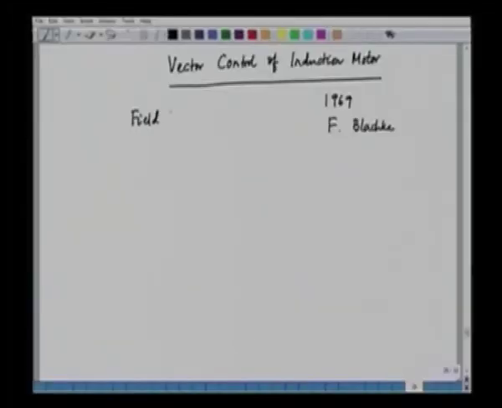So this is known by various names. One is vector control. This is also called field oriented control. It is also called transvector control. And sometimes people also call this decoupled control or decoupling control.